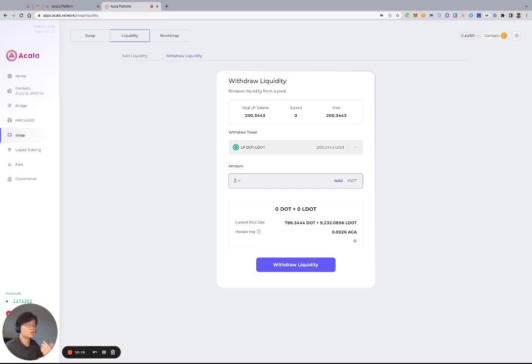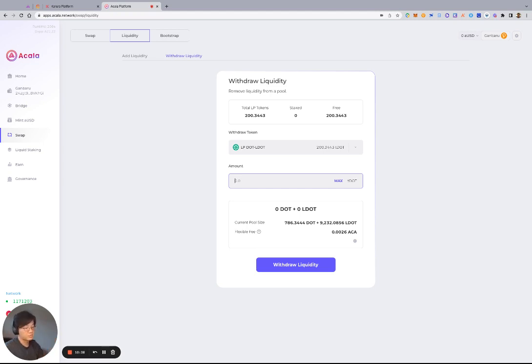And then also there's the redemption fees. Whenever somebody redeems tDOT back into DOT and LDOT, there's also a redemption fee applied, and that redemption fee also gets paid out to liquidity providers.